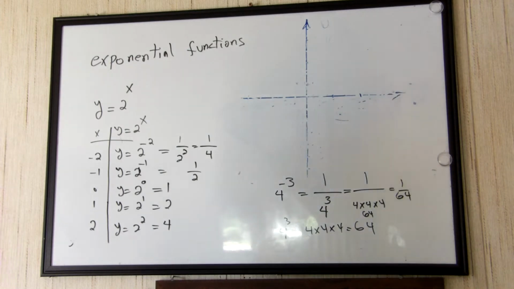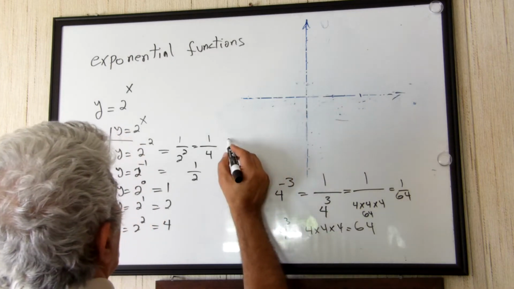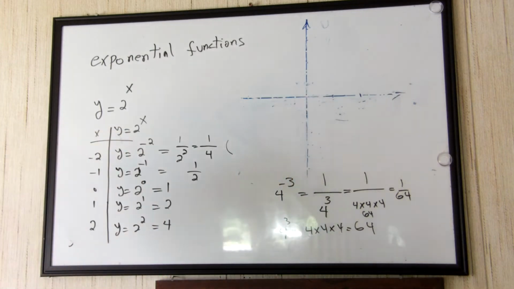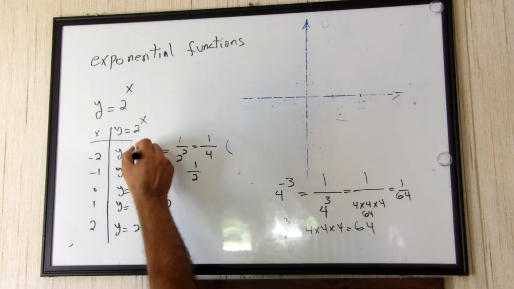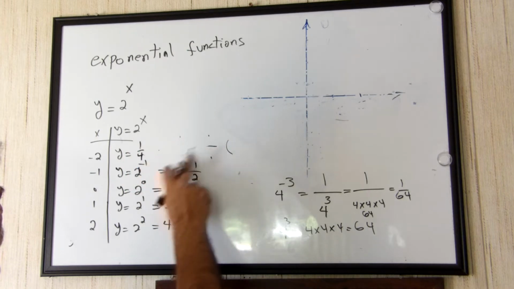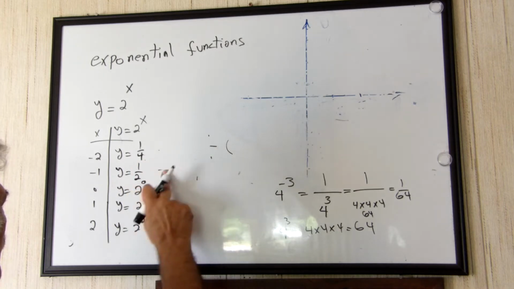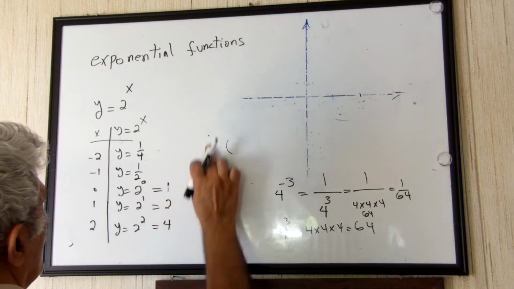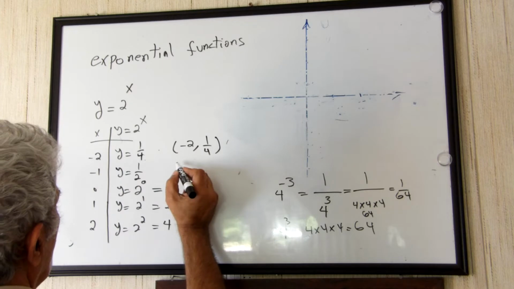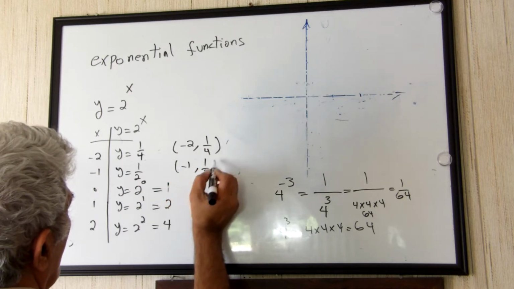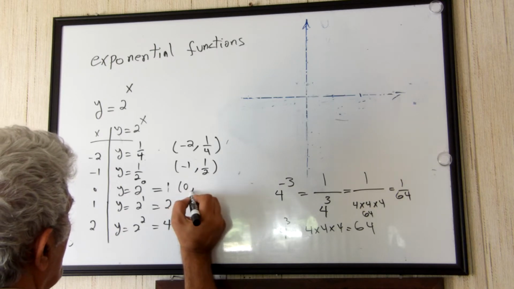So let's draw this. The points are: -2, 1 over 4; -1, 1 over 2; and 0, 1.